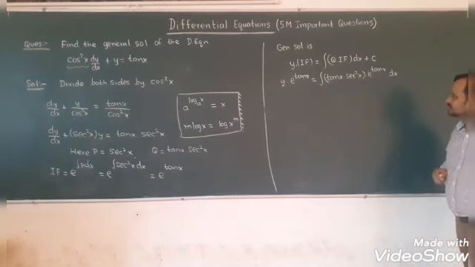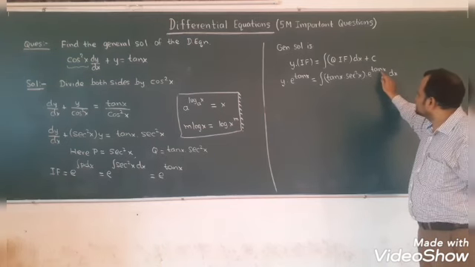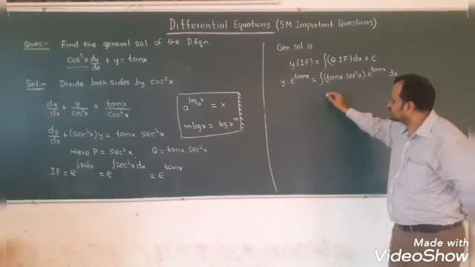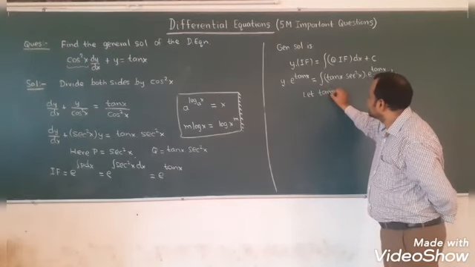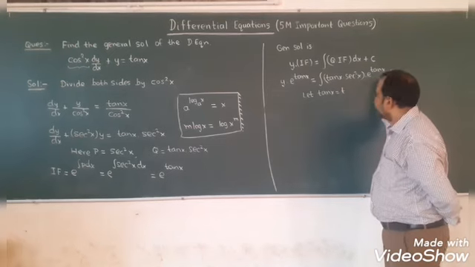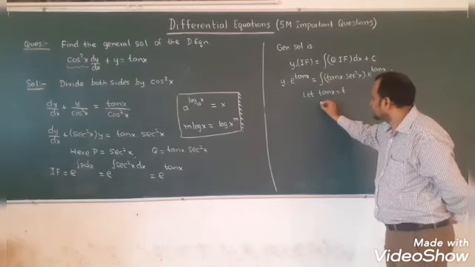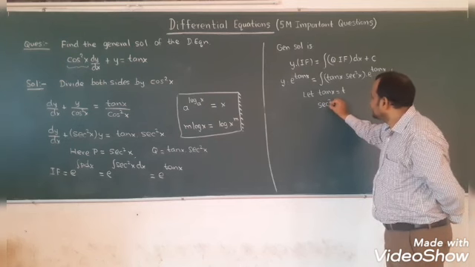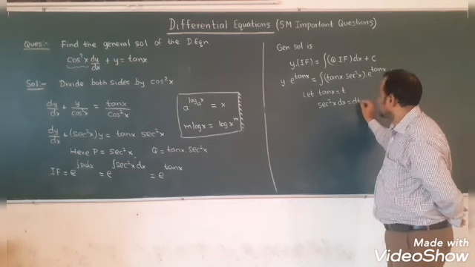Now how to solve this integral: tan x is here and we know that the differentiation of tan x is secant square x. So I am assuming let tan x equal to t. Differentiate both sides with respect to x. What will you get? Secant square x dx is equal to dt.